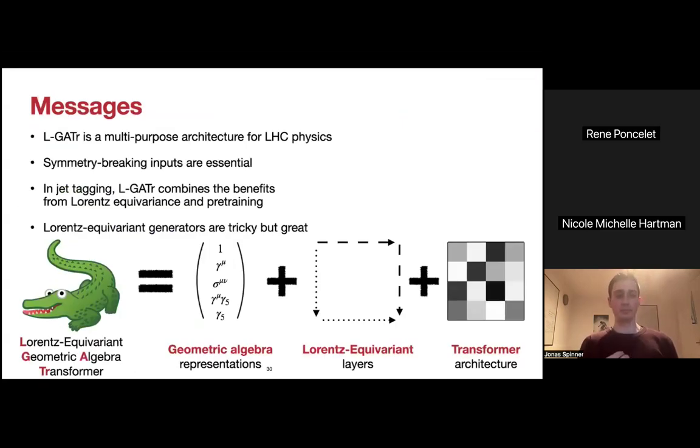Okay, this is now about takeaways. We built this L-GATr model really as a multi-purpose architecture for LHC physics, not just top tagging. You can do a lot more with it, and you're very invited to think about possible applications. We're also working on that, of course. Then, symmetry breaking is super important in LHC physics because in most applications it's broken, so we have to reflect that in what we give to the neural network.